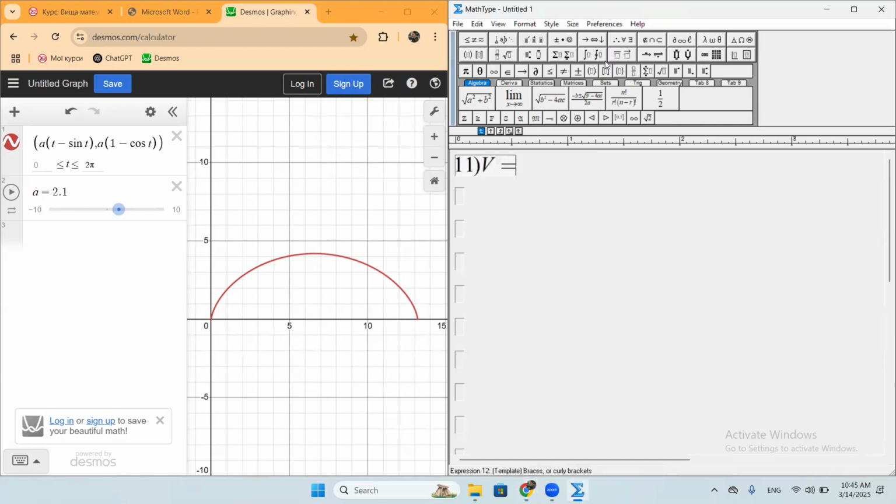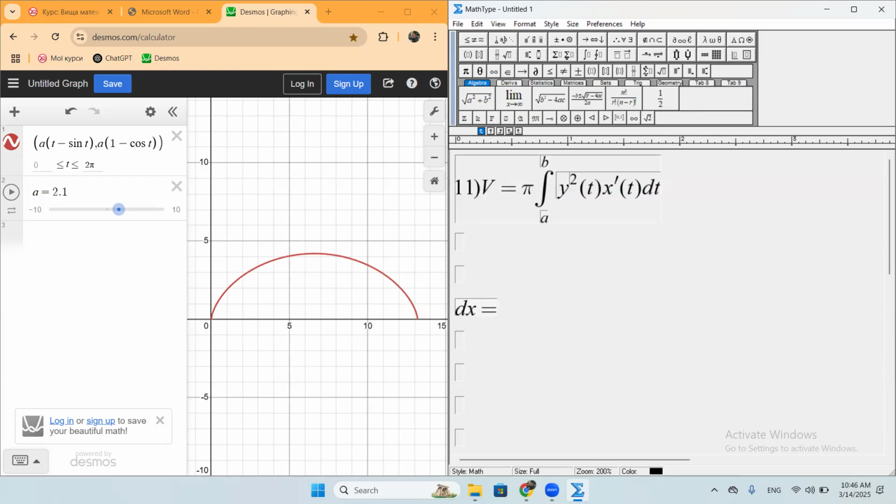So how to calculate it? From a to b, and of course we'll multiply by pi, so not 2 pi, but only pi, y square of t by x prime of t dt. So dx equals x prime of t dt.